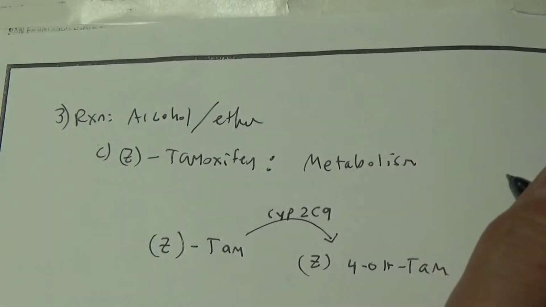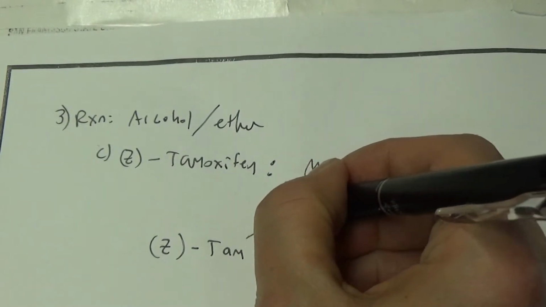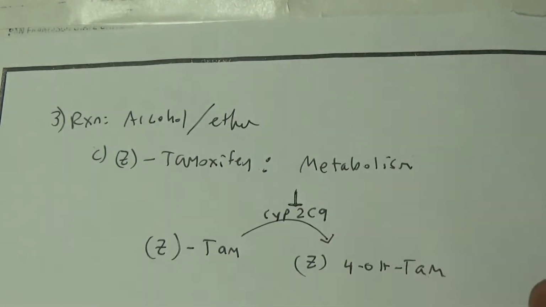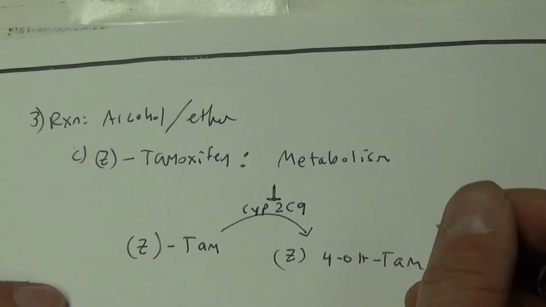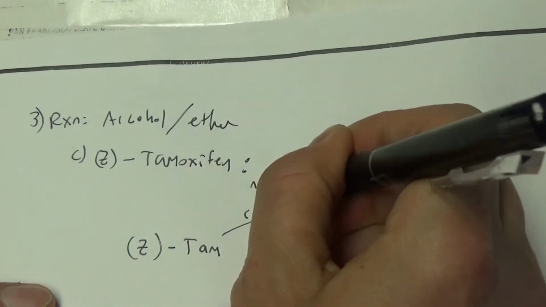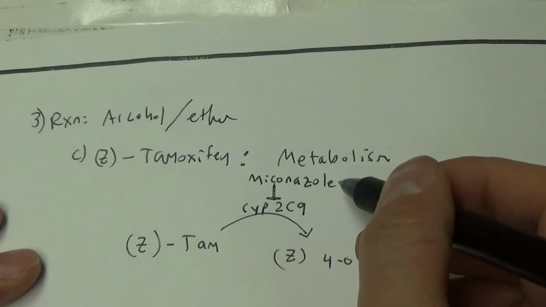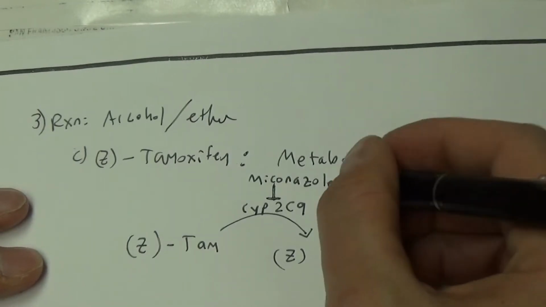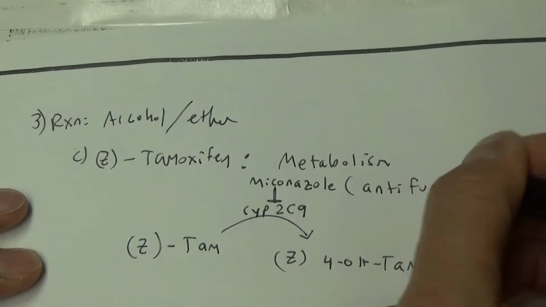One of the drugs that inhibits this metabolic enzyme is Miconazole, which is one of the early drugs we talked about in this course as an antifungal drug. I'll redraw it real quick.